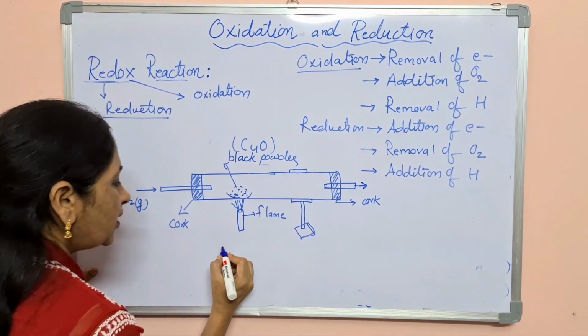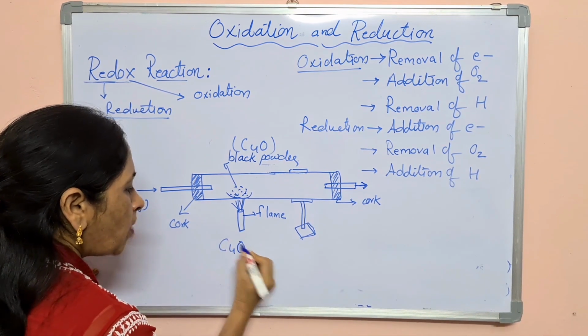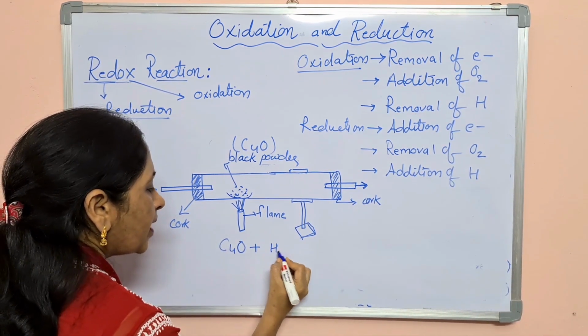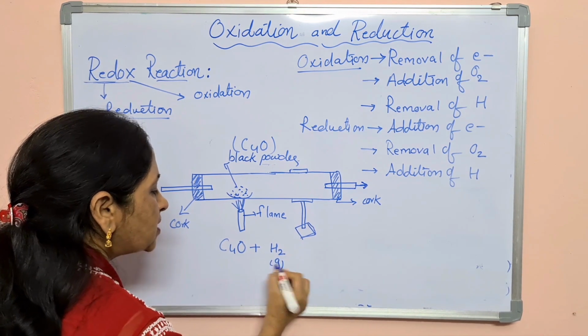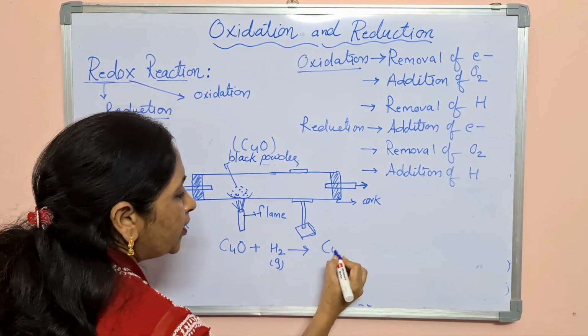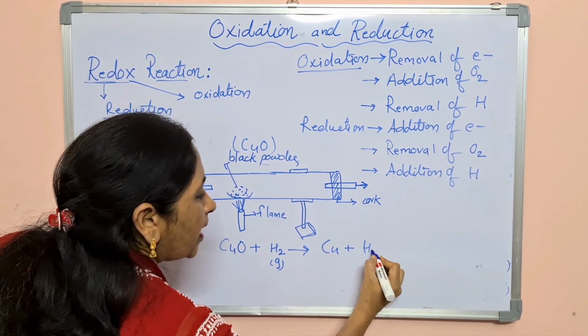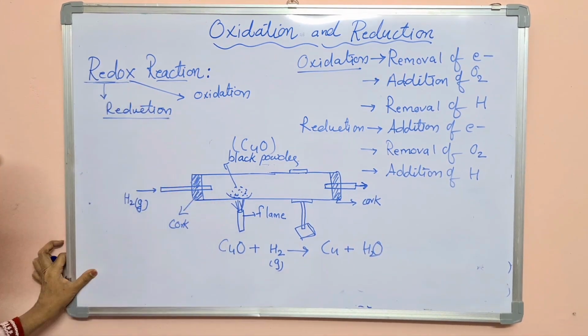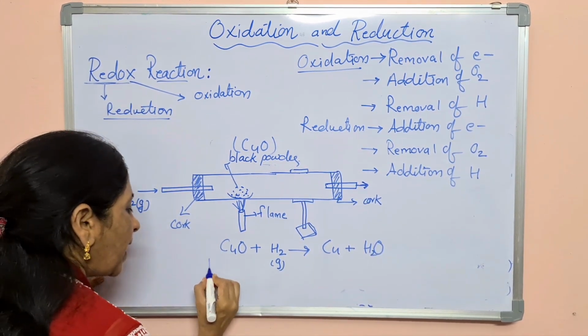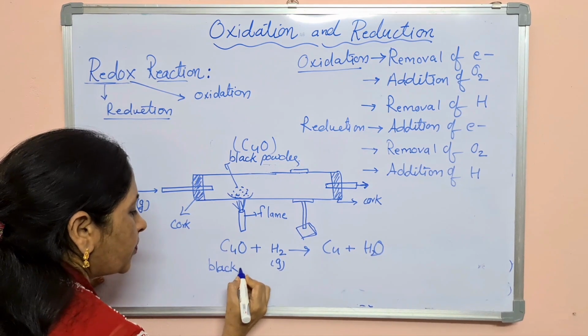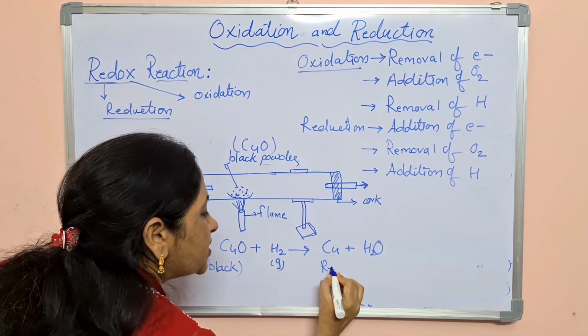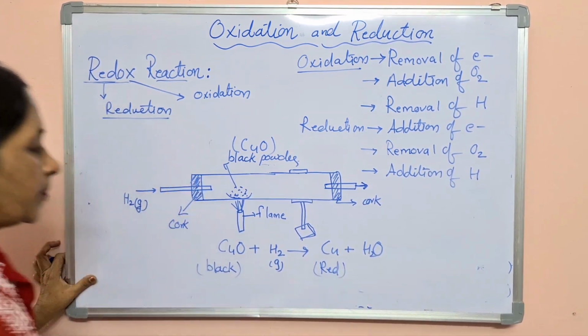So what's the reaction here? Just see the reaction. Copper oxide, when hydrogen gas is passed, is converted into copper and H2O. This is of black color, and now it has turned into red color.